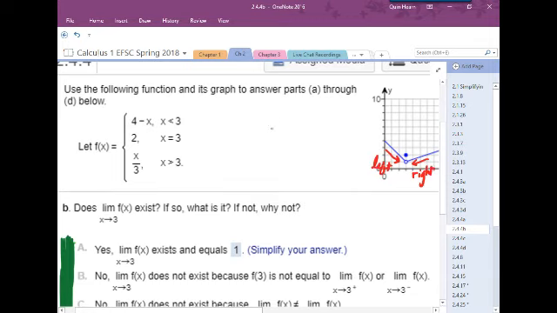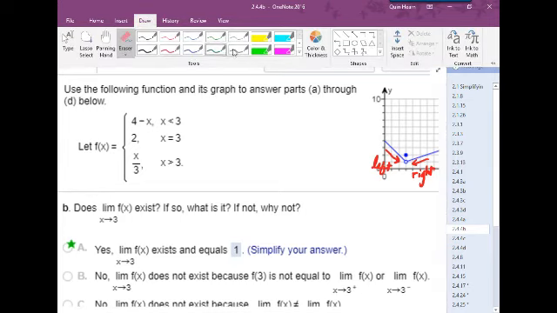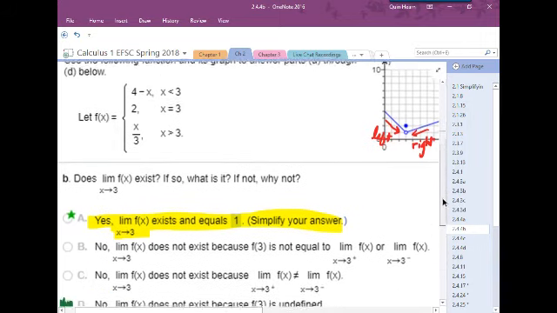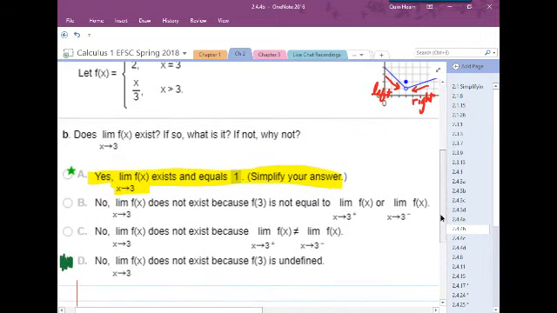But we just found that in both cases, on both sides, we are headed toward a y value of 1. So the answer to that is yes, and it's equal to 1. So in order for a limit to exist, it must be that it exists on the left and the right, and it's equal to the same number in both places.